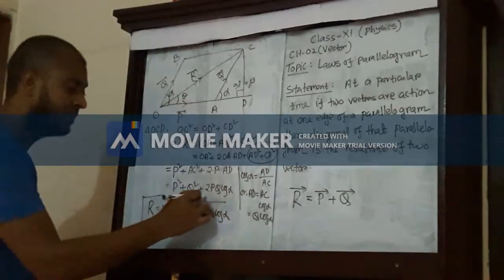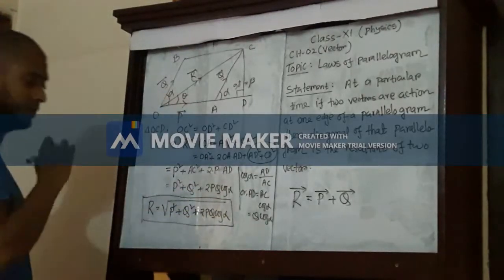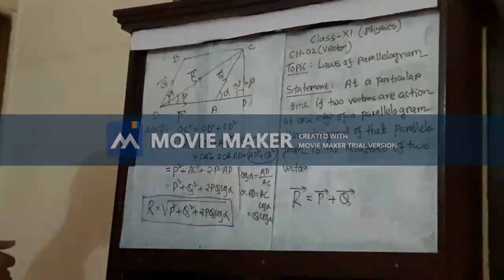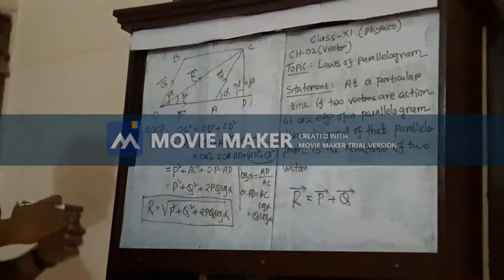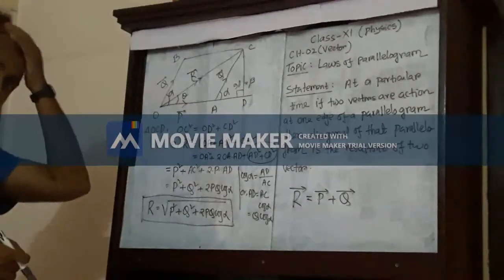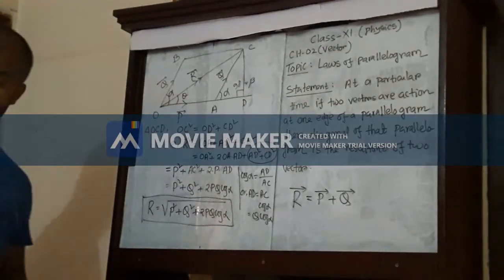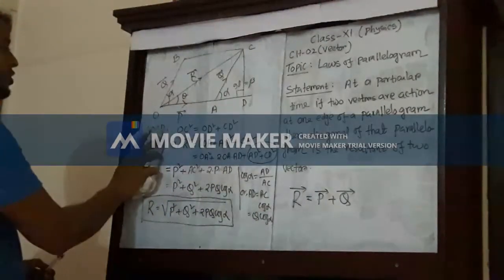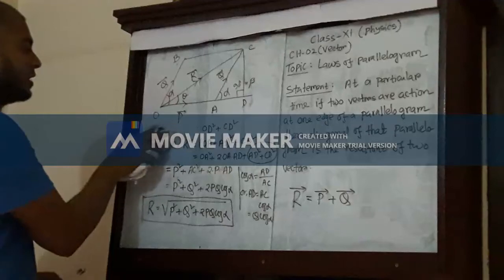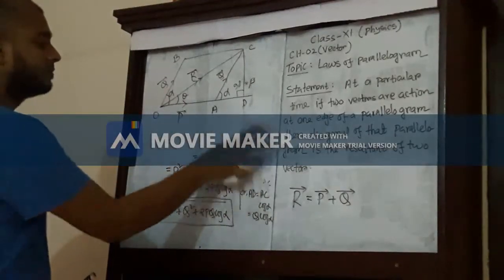So this is the value, or the magnitude, of the resultant vector. In the next step, I am going to find the direction of the resultant vector.